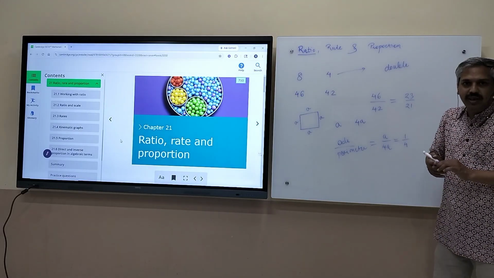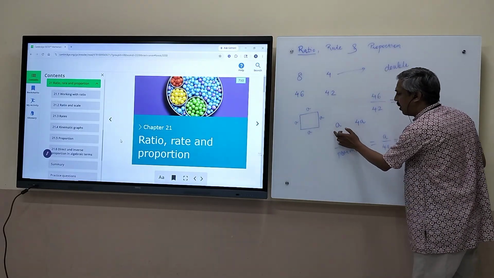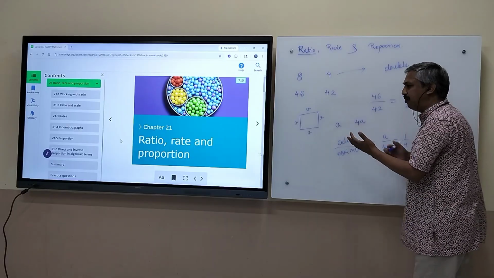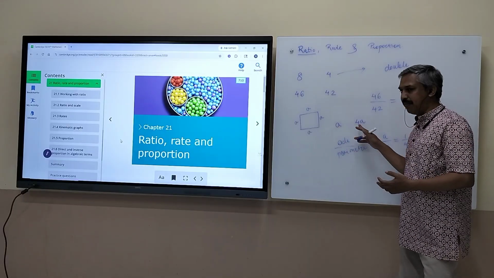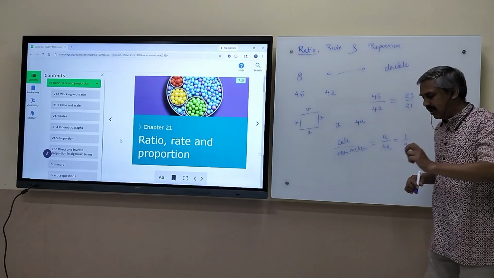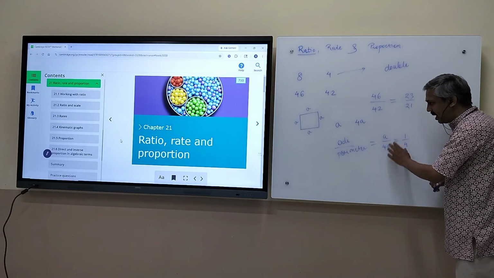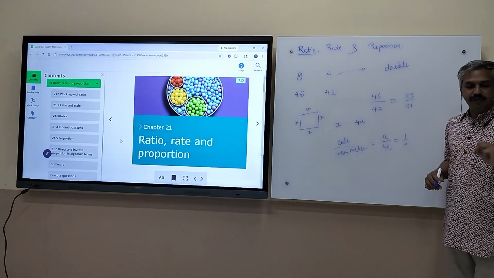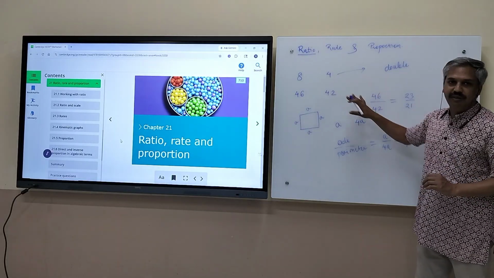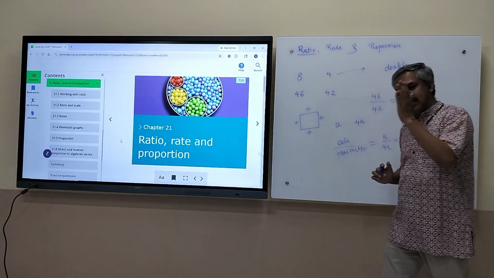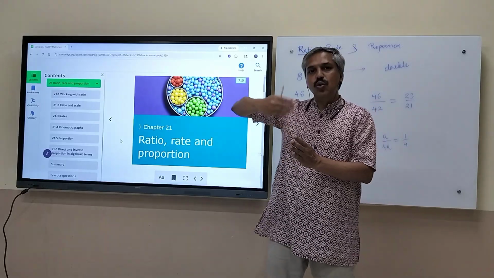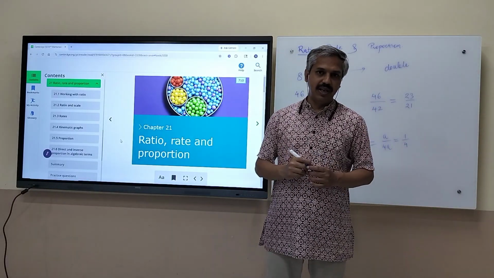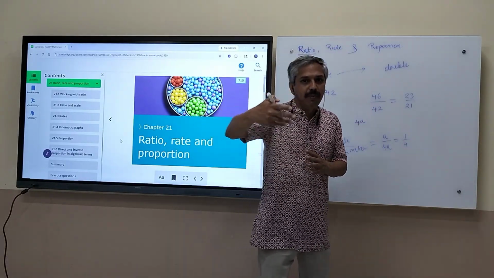What we are doing here is, we are not trying to check which is greater, which is smaller by subtraction, but we are saying that we will divide them and we will find the ratio. When we find the ratio, it is based on division. We are trying to say that something is so many times bigger than something else. So we are talking about the multiplication factor.